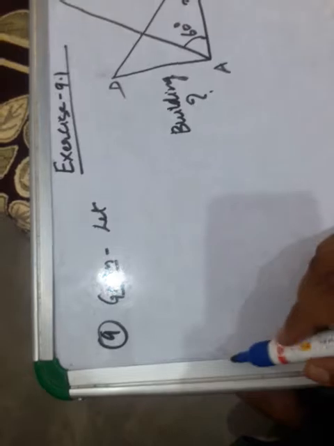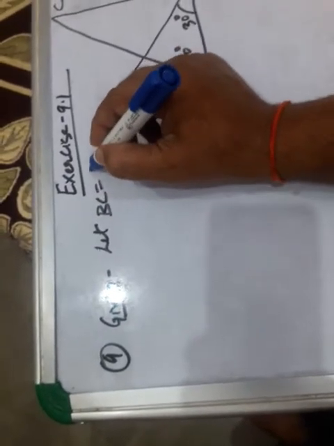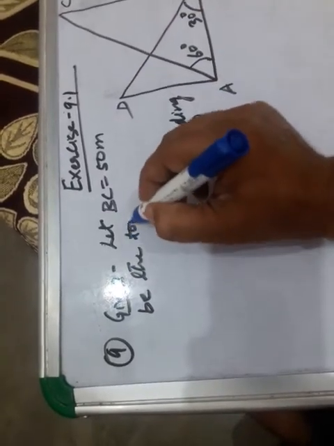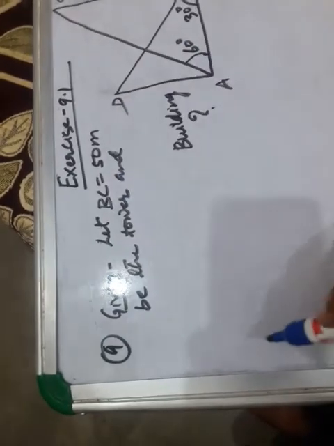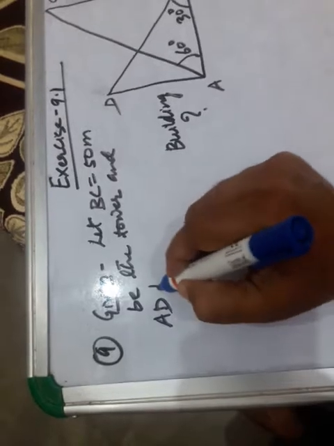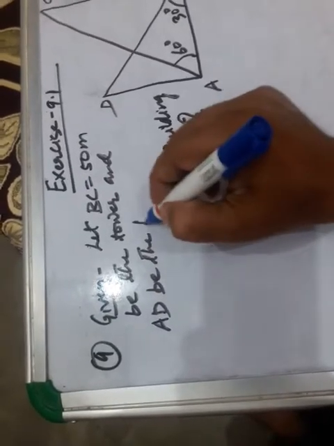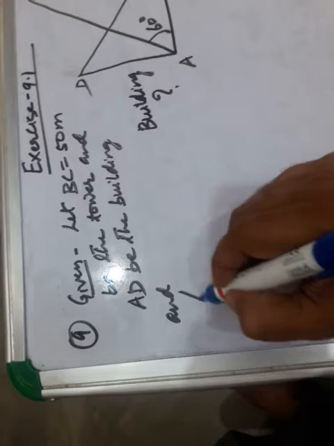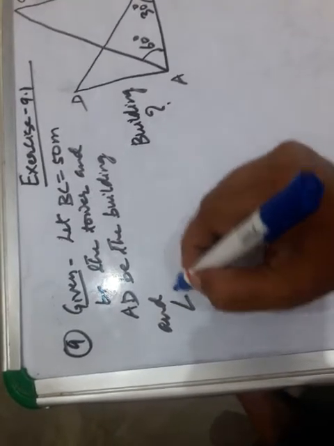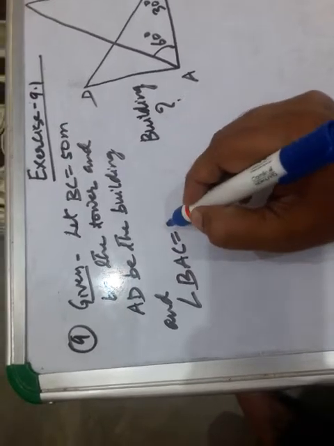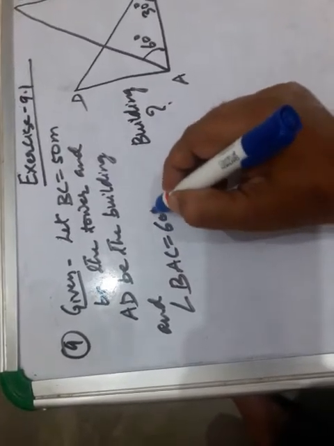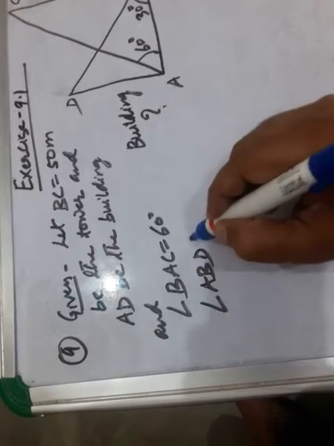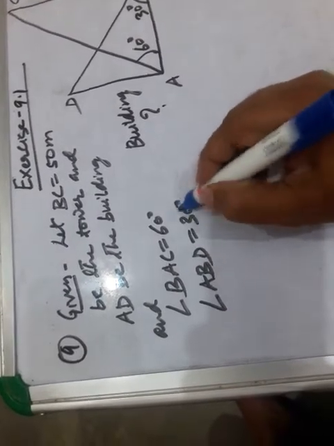Let BC equal 50 meters, the tower, and ADB the building, and angle BAC equal to 60 degrees. Angle ABD equal to 30 degrees. Clear?